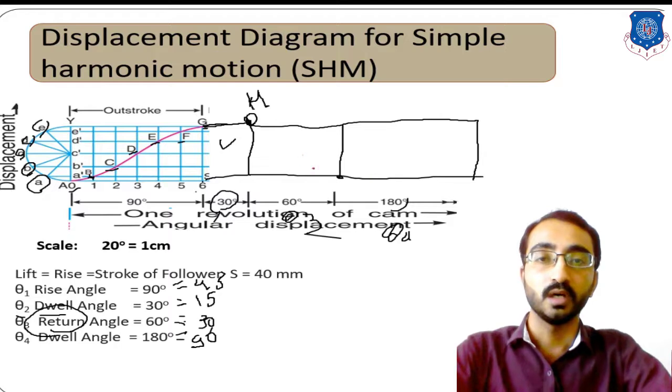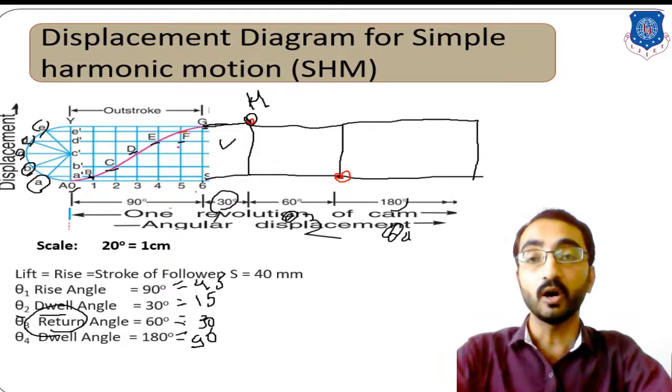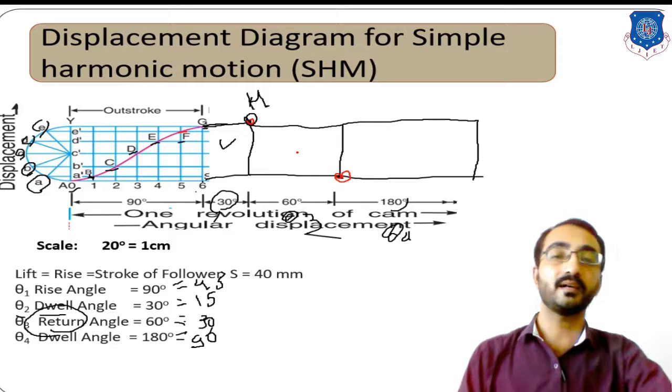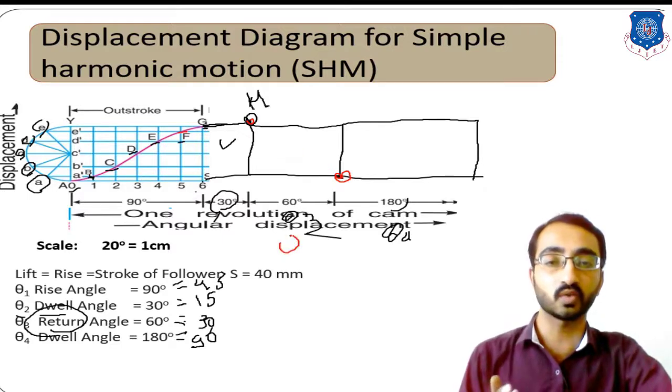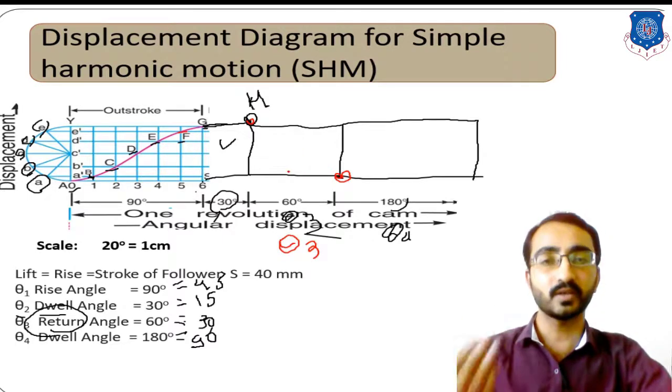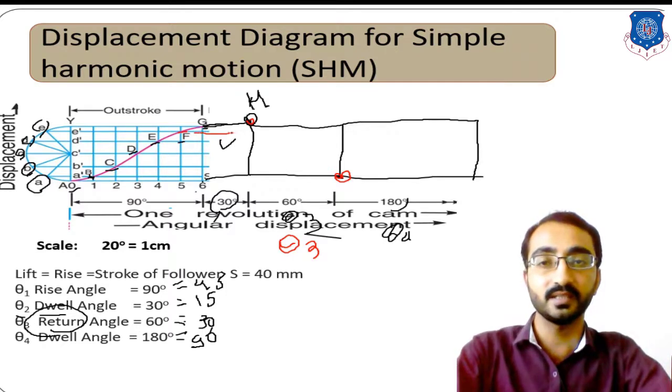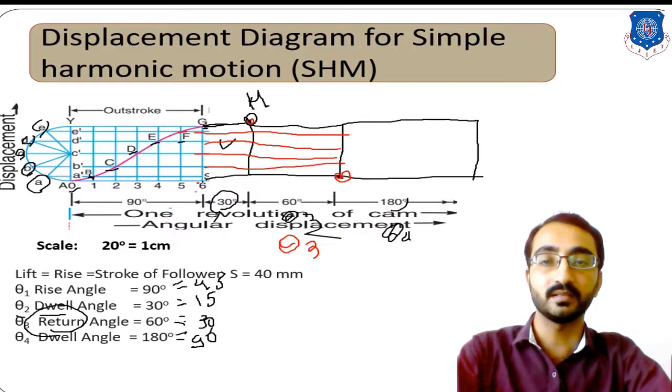To sketch this motion, you can either directly use these dimensions, or follow the whole procedure for phase 3 also. But for simplicity we can simply extend these lines like this. This way we extend these horizontal lines.